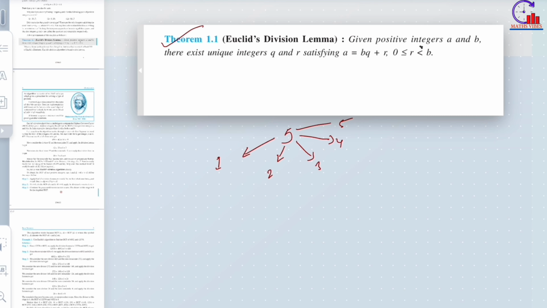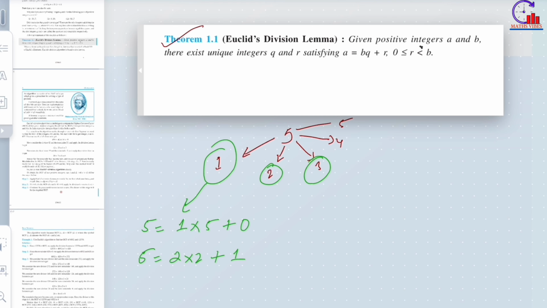And if I divide 5 by 1, I can write 5 is equal to 1 into 5 plus 0, right? And if I divide 5 by 2, I can write 5 is equal to 2 into 2 plus 1, right?